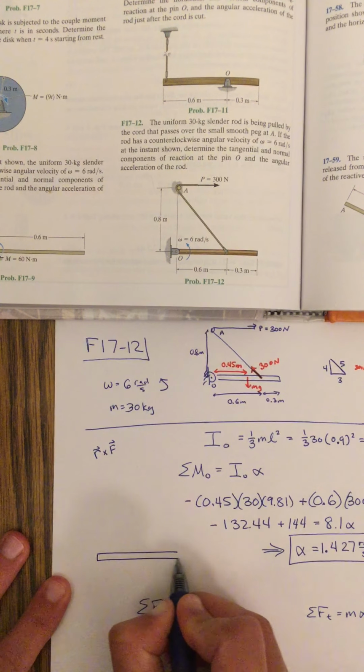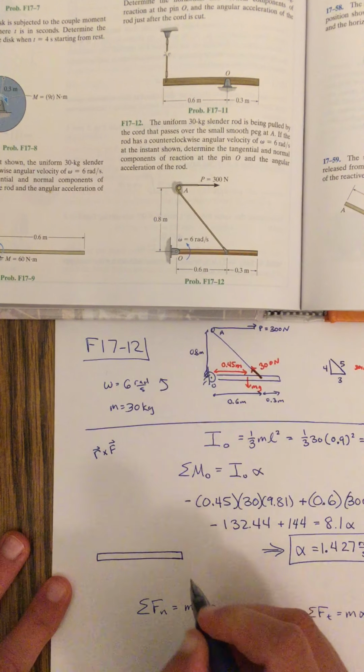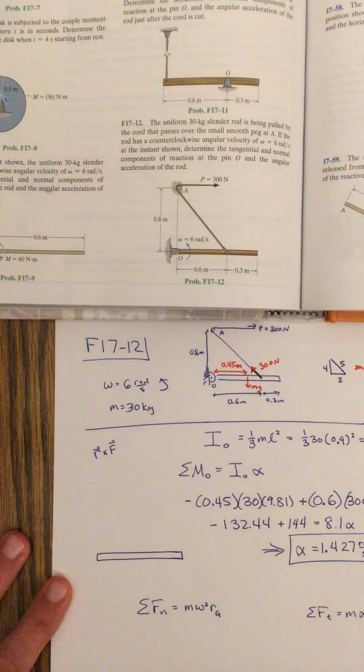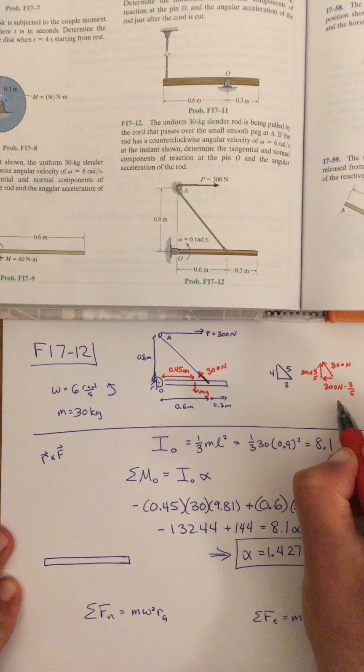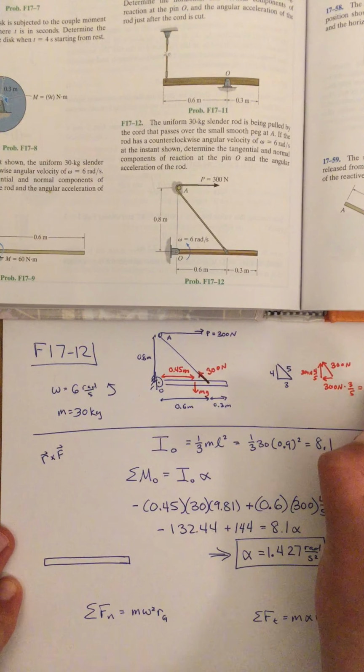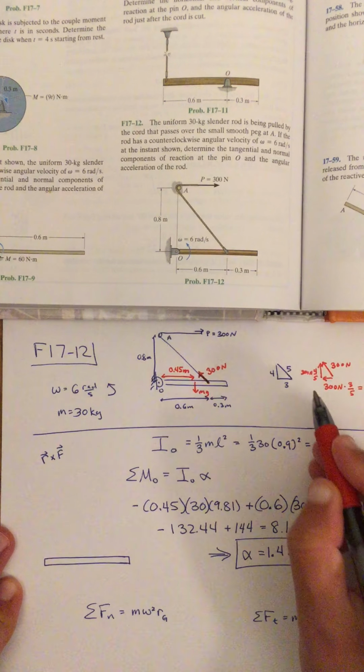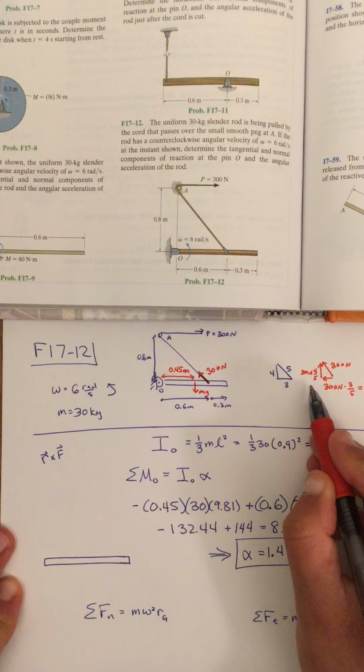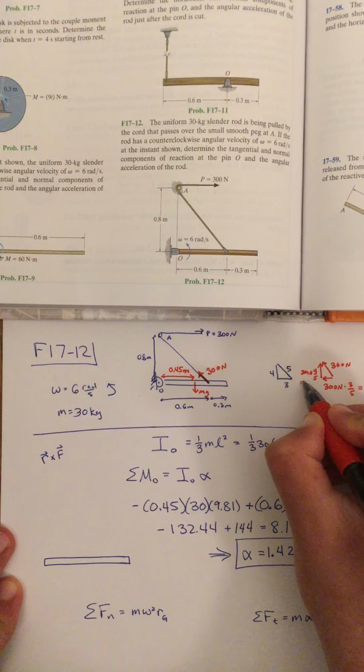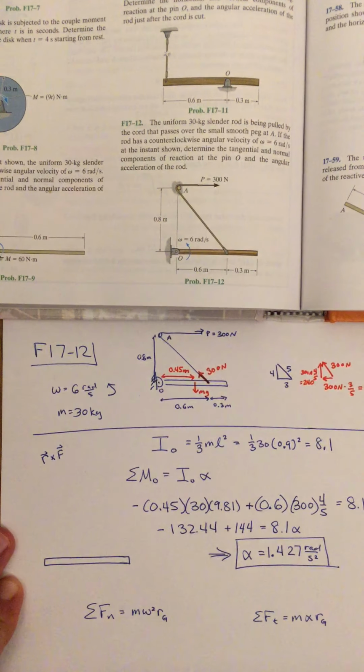So I'm going to draw a new picture here, and I have this 300 Newton force, and when I break this down into components, 300 times 3/5 gives me 180, and 300 times 4/5 gives me 240.